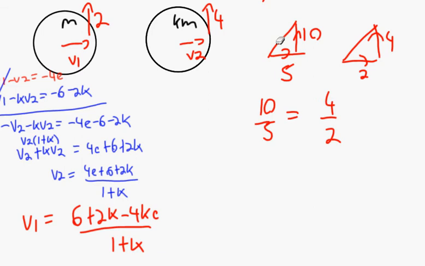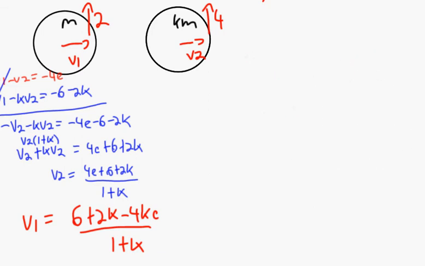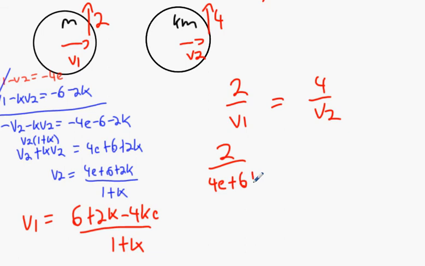Okay, so what I'm going to do is this. Do we know anything about their speeds? 2 over phi1 equals 4 over phi2. So, 2 divided by this big fraction here equals 4.